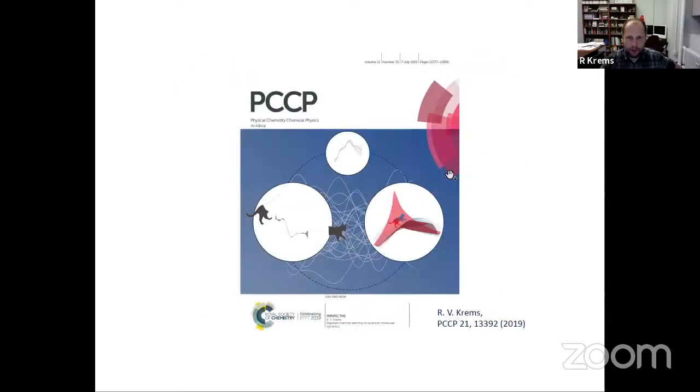Okay, so I just wanted to show this picture here that was on the cover of PCCP, to feature my paper there. The reason I like this picture is that this diagram illustrates our ability to solve the inverse problems and our ability to extrapolate quantum problems with Gaussian processes.